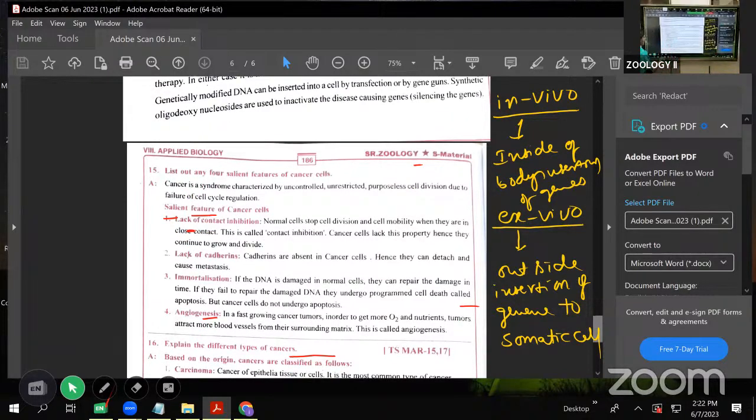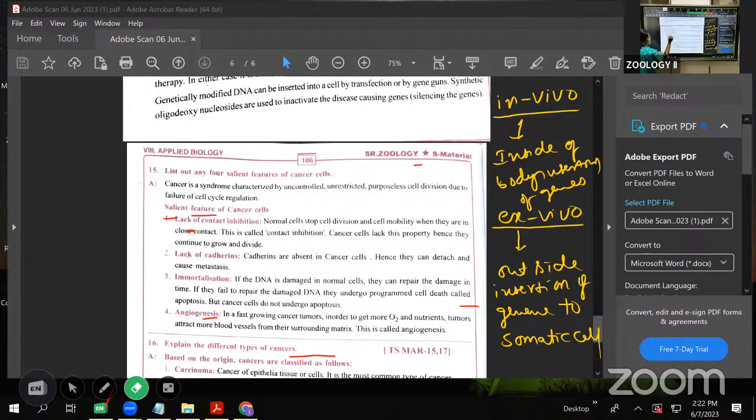This is not that much important, but sometimes it also will be asked. That's why I'm taking this one also. The four salient features of the cancer cells. What are the features of the cancer cells? We are going to discuss.